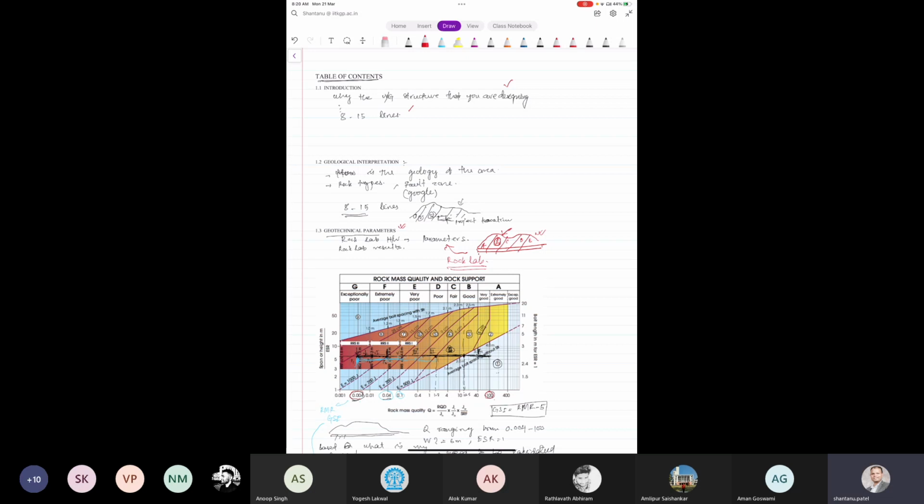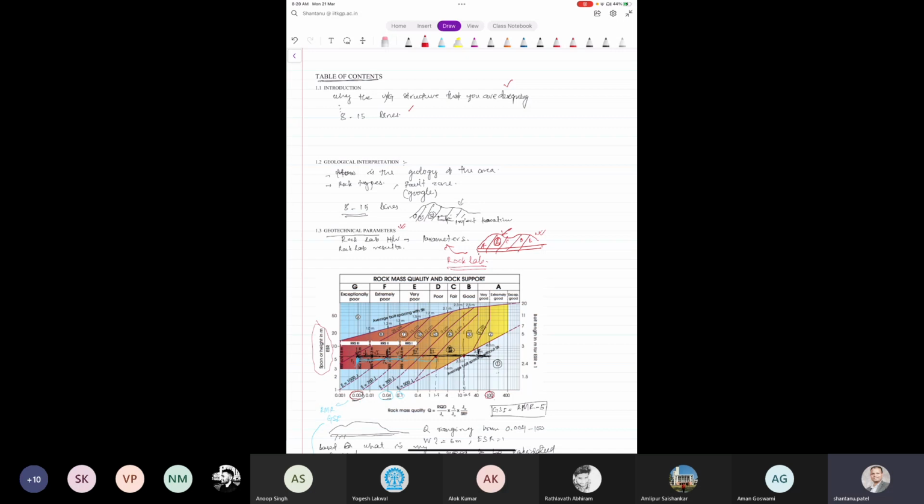Then I said that you can divide this total range into different ranges where the shotcrete thickness is changing. You just divide it into group 1, group 2, group 3, like that, depending upon your span or height by ESR.